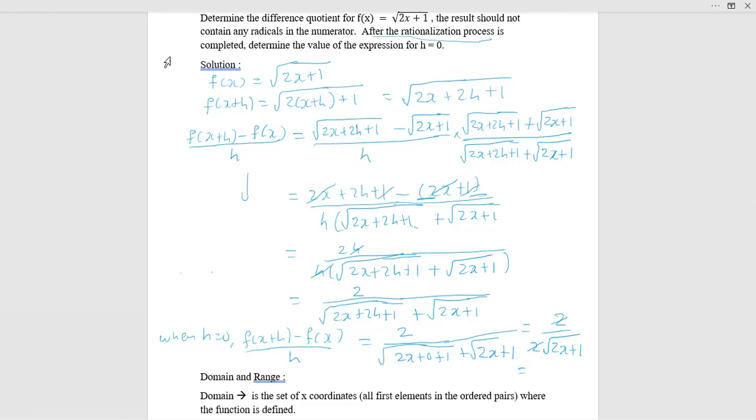We get 1 over square root of 2x plus 1. Right? So this is the final answer. When h is equal to 0, the difference quotient is 1 over square root of 2x plus 1.